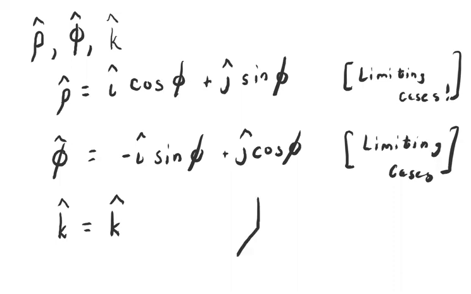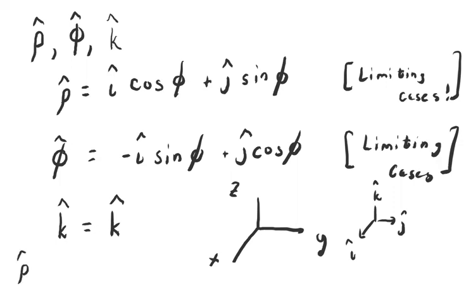Okay. There's my x, y, z. Here are my unit vectors i hat, j hat. But I don't need to talk about x, y, and z anymore. I can just express this problem in terms of phi, essentially, and my unit vectors.